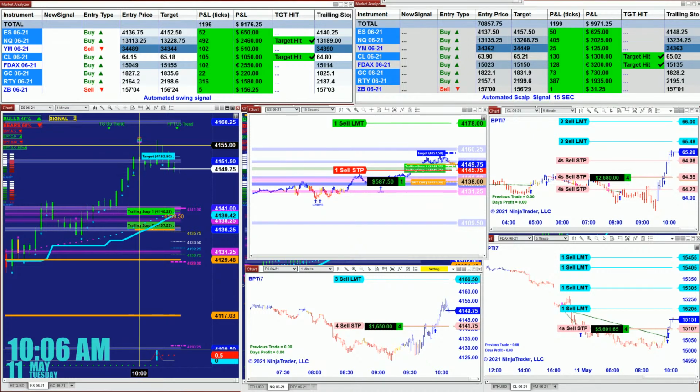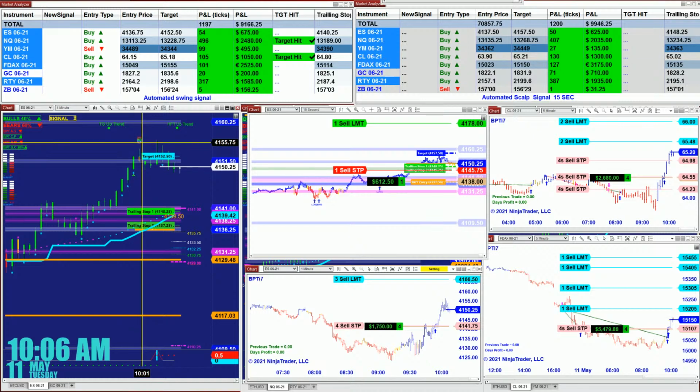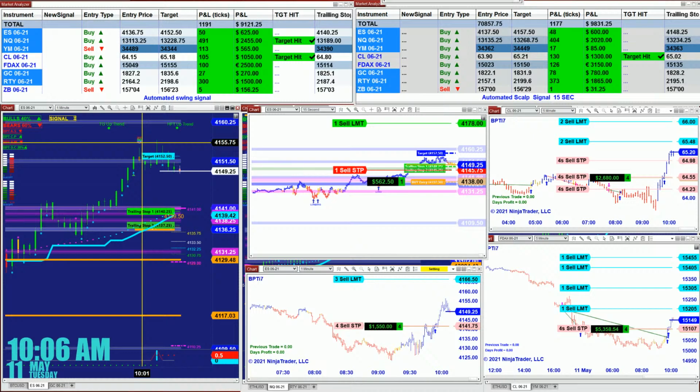And those reversals are not repaint reversals like those commercials you see, where some of the vendors use repaint reversals. Those reversals don't move.